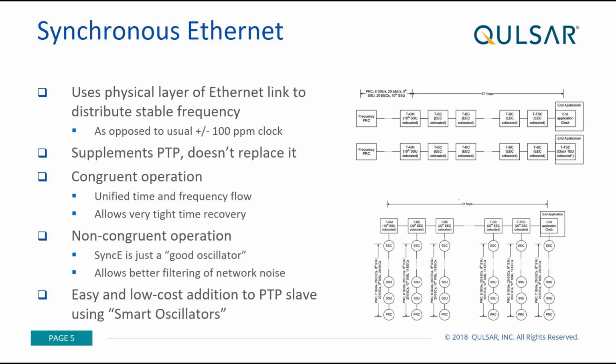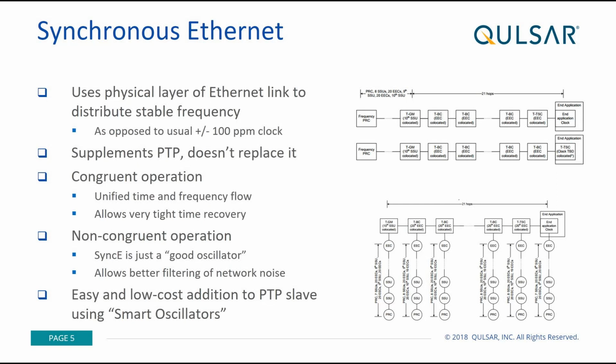And the result is that the end node, so the radio head, for example, in a 5G application, can receive both clean 1588 traffic for time alignment and clean synchronous Ethernet clock for frequency alignment, and the two of those can be used together to achieve much better time alignment than could be achieved with just the 1588 portion alone.